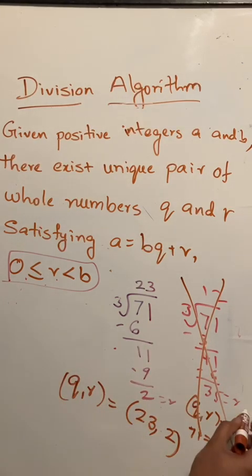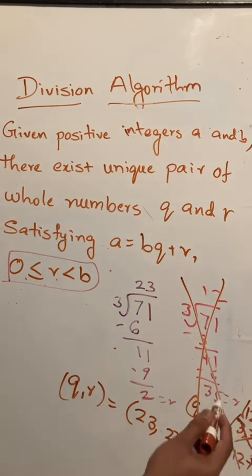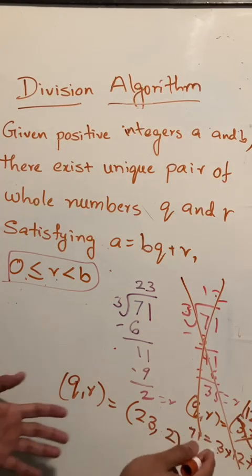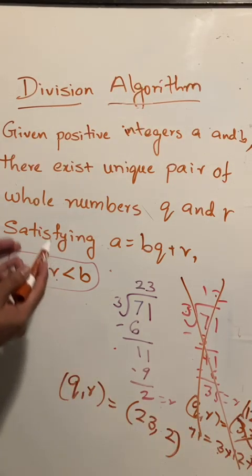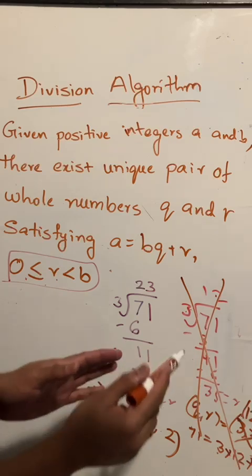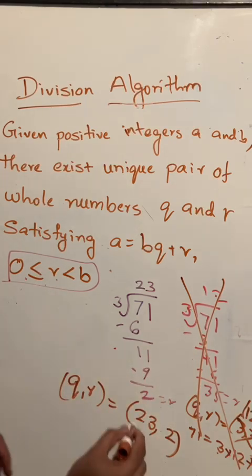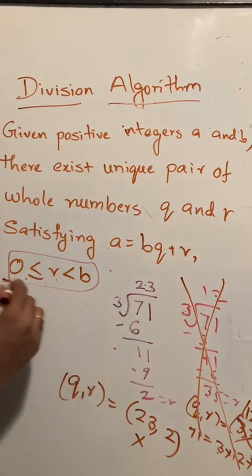Quotient is 12 and remainder is 35. We can write multiple pairs. I showed you in the previous video that if I put different numbers, we get different pairs. But that won't satisfy this condition. To satisfy this condition, it has to be 23 and 2. There is no other pair which satisfies this condition with this rule.